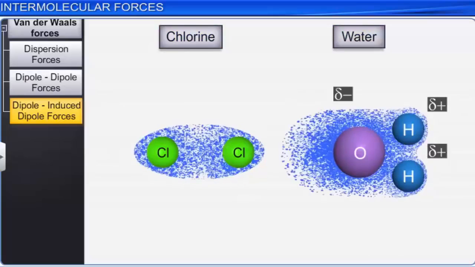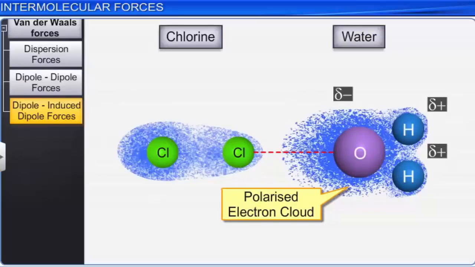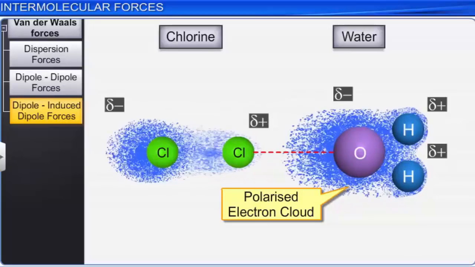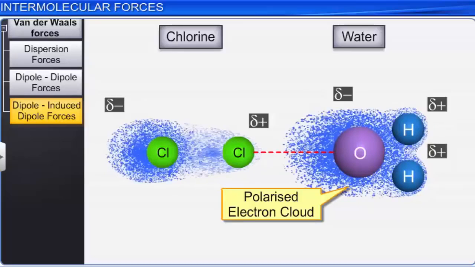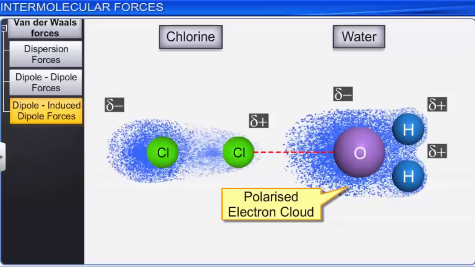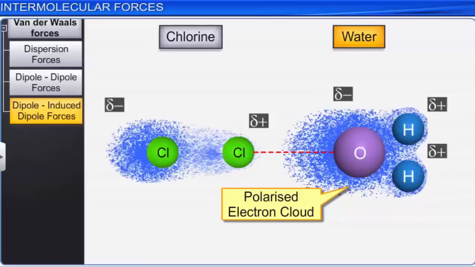The permanent dipole of water molecule polarizes the electron cloud of chlorine and induces dipole on the electrically neutral chlorine molecule. Thus, dipole-induced dipole interactions come into existence between water and chlorine molecules.